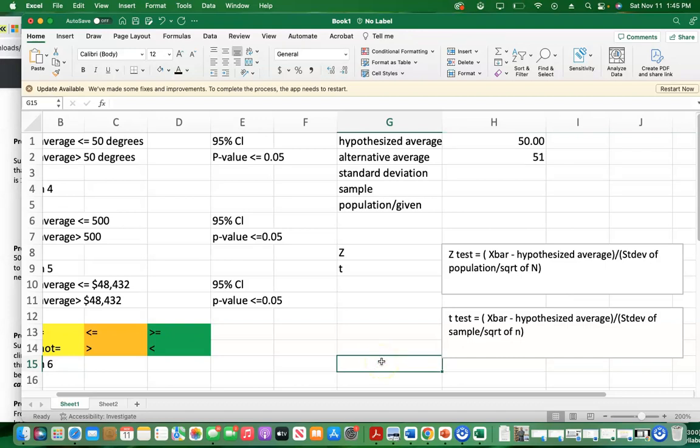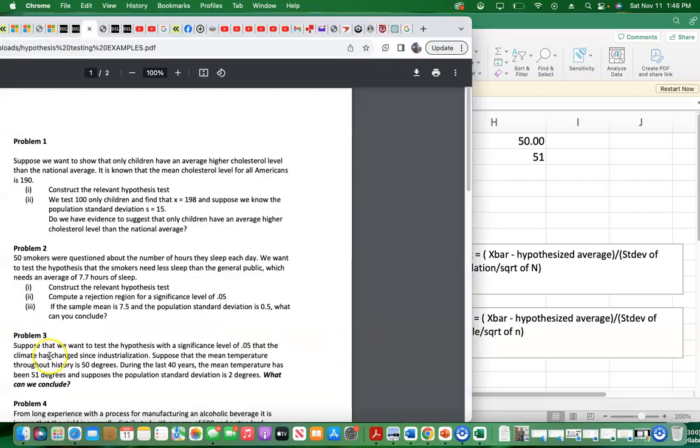In our case, now we need to find out what standard deviation we have. Is it of a sample or a population? If you go to problem number 3, you will see that it states that the population standard deviation is 2 degrees.